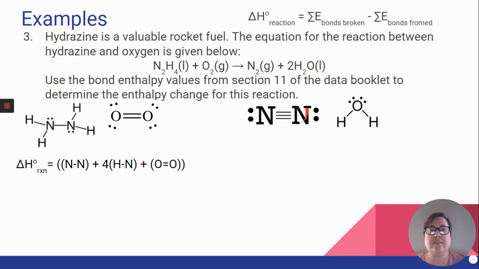To form, we need to form a triple nitrogen bond, and we need to form 2 water molecules, each one containing 2 hydrogen-oxygen bonds. So that's a total of 4 hydrogen-oxygen bonds. Then we look at our data table to get our numbers.